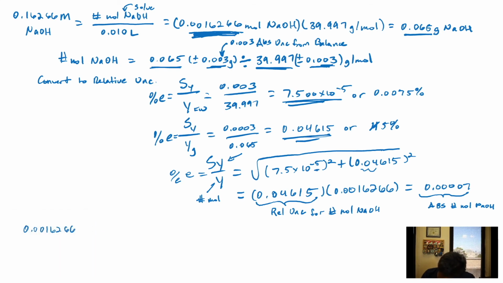So let's put that in first, because that's what we're doing this for. So parentheses plus or minus, and the uncertainty we use will be the one that we just calculated right here. So plus or minus 0.04615, and that's moles of NaOH.